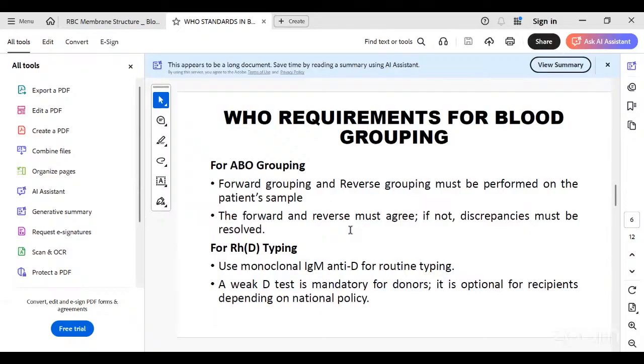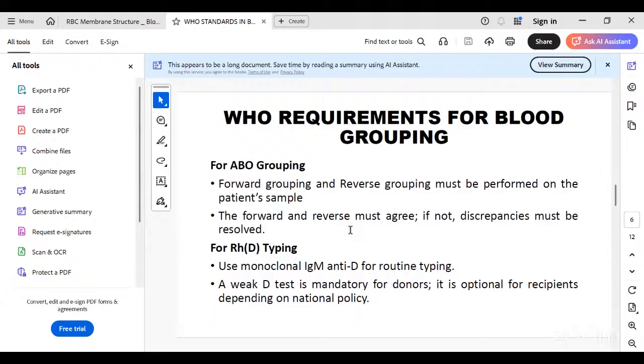As a matter of fact, it helps us to detect hemolysin when you are doing blood for dangerous group O. So forward grouping and reverse grouping is a must for us if we are following the WHO standard. The forward grouping and reverse grouping must agree with each other. If not, we should resolve the discrepancies before moving forward.